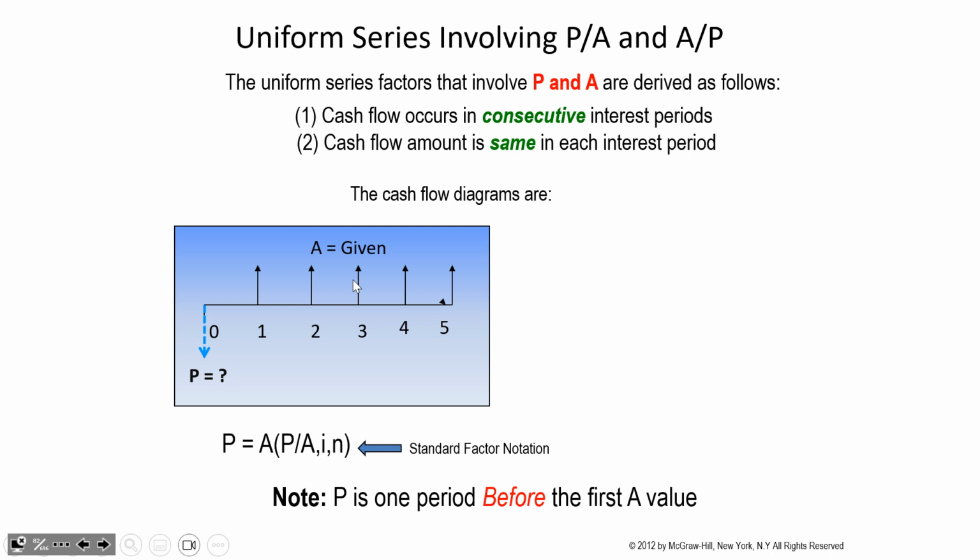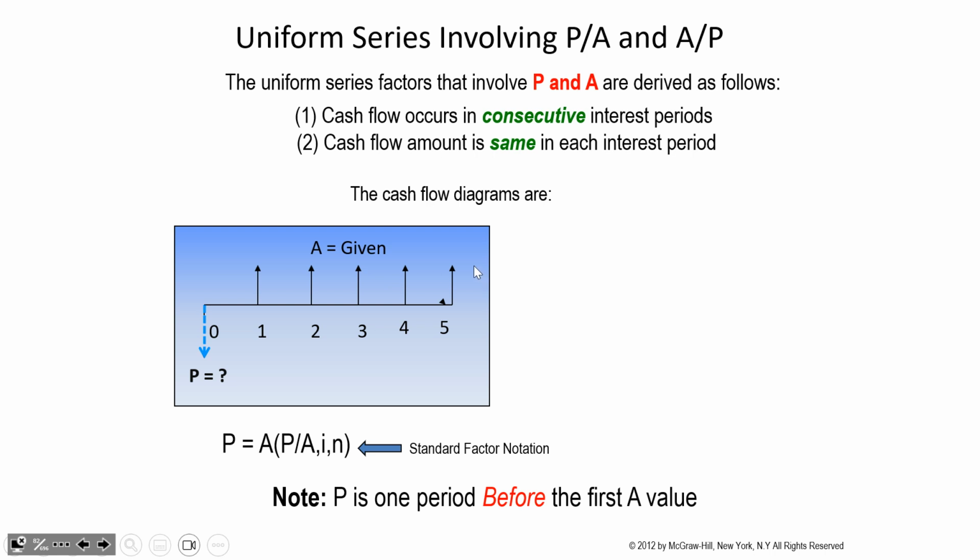So it would be find P given A for the first step, and then for the next step, this would look like an F. And so then you would be find P given F. So an annual series is continuous.